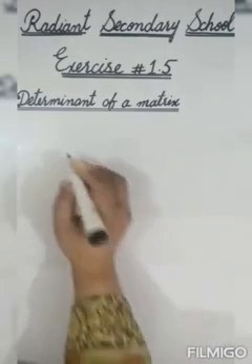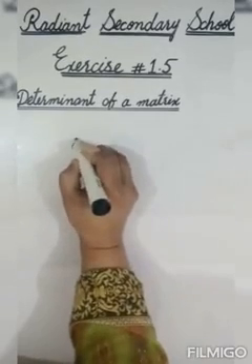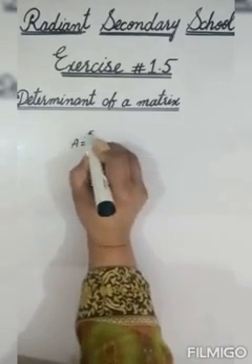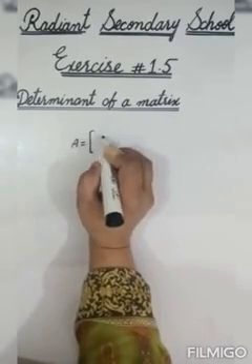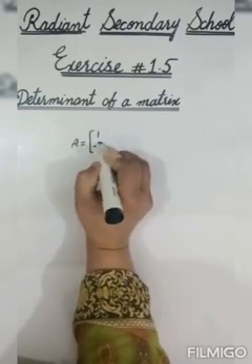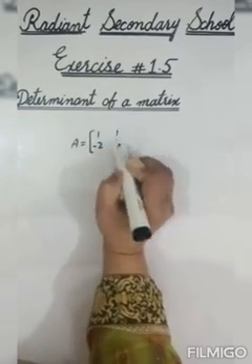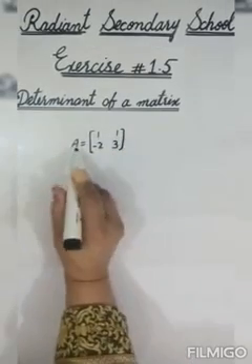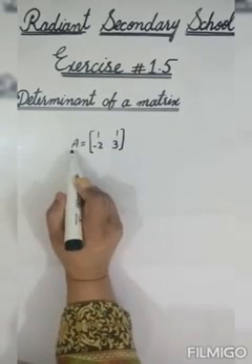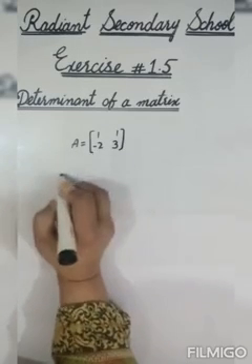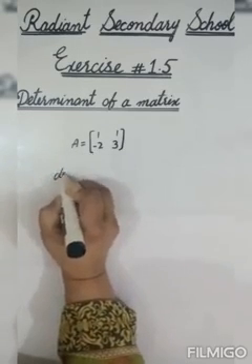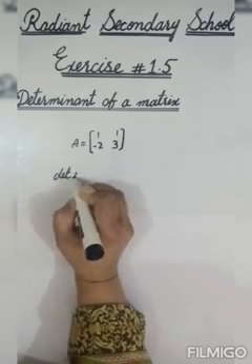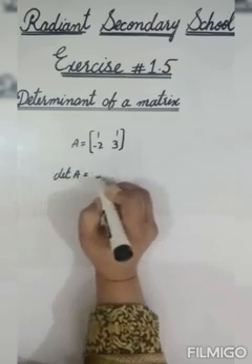For example, I have a matrix A which is equal to 1 minus 2 1 3. Students, determinant of A is denoted by det of A or A mod.